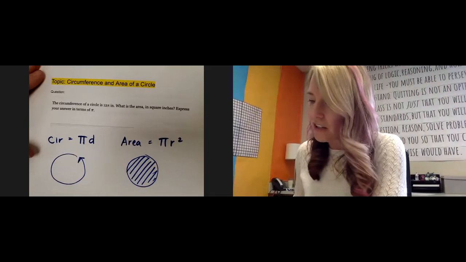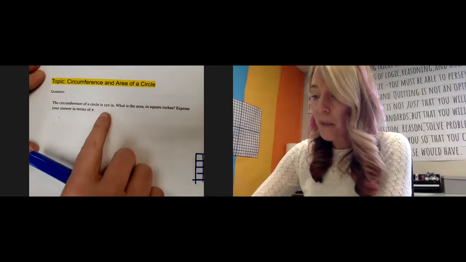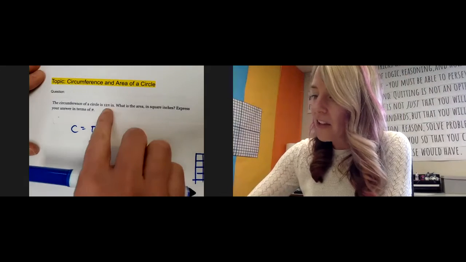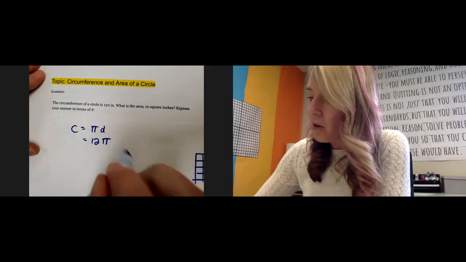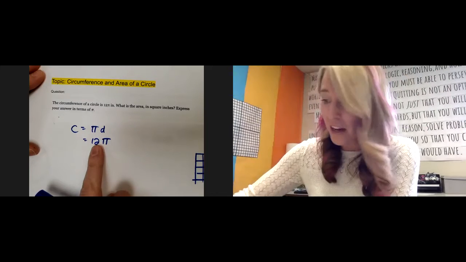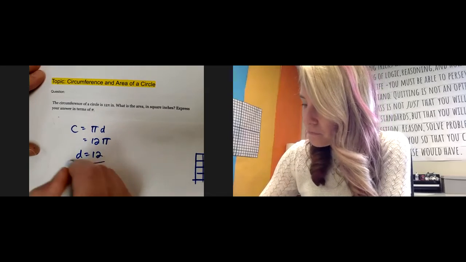The first question says the circumference of a circle is 12 pi. If I know that circumference is pi times diameter, and they say the circumference is 12 pi, well, pi is already represented in both of those, so the diameter must be 12.